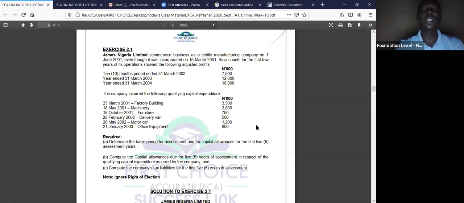So let's see how we can do this. We're given this adjusted profit. We have 10 months period ending in March. So when you see period, it means that it is not one full year. And they told us 10 months.